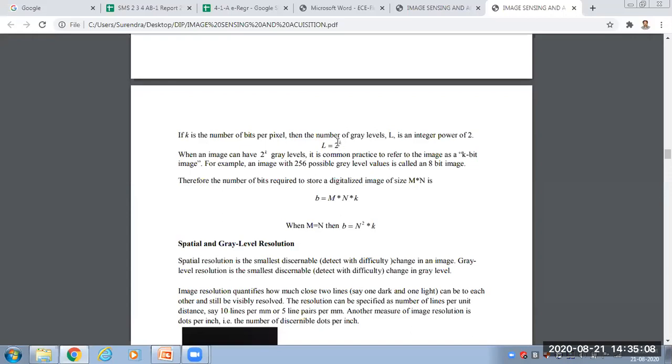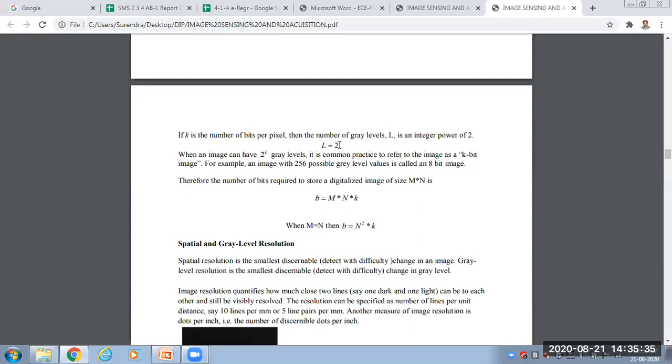Here k represents the number of bits required. For example, if you want to get 256 possible gray levels, or 256 intensity scale levels, how can we get them? When L equals 256, if k equals 8, that means 2 power 8 equals 256 values.